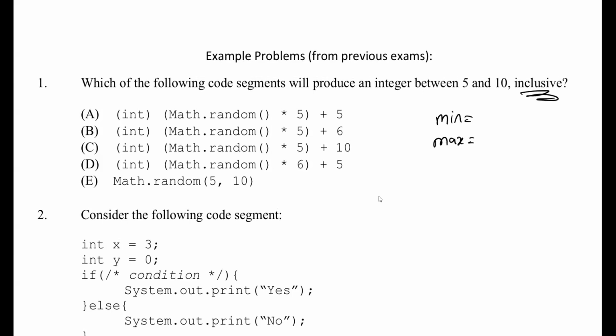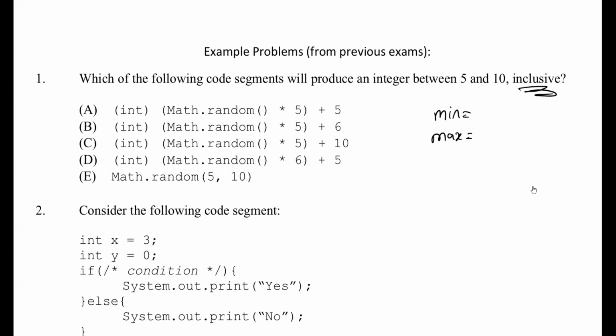What do you think is the minimum and the maximum? 5 is the minimum and 10 is the maximum. Yes, correct. If it's exclusive, you don't include 5 and 10. Okay, there will be 6, 7, 8, 9. So if we know the minimum and maximum, we can do that.